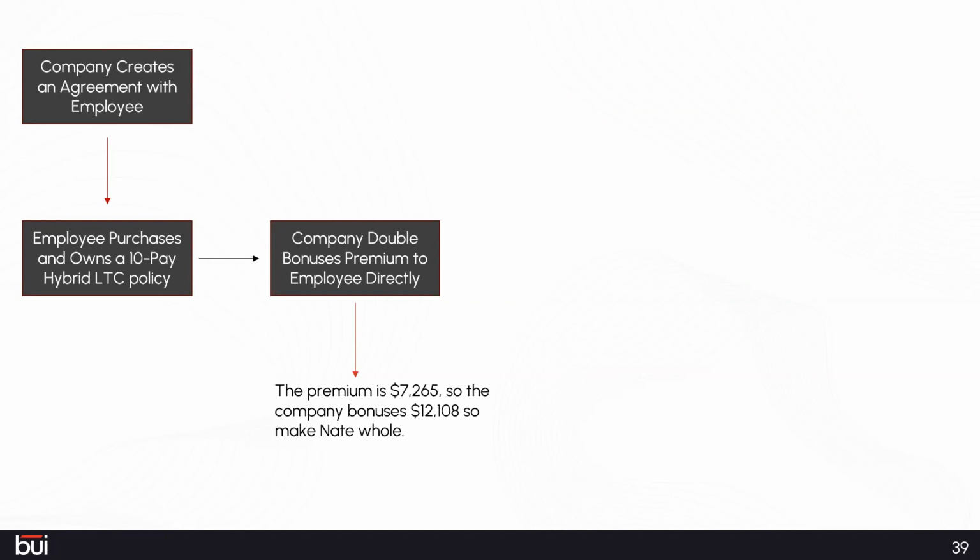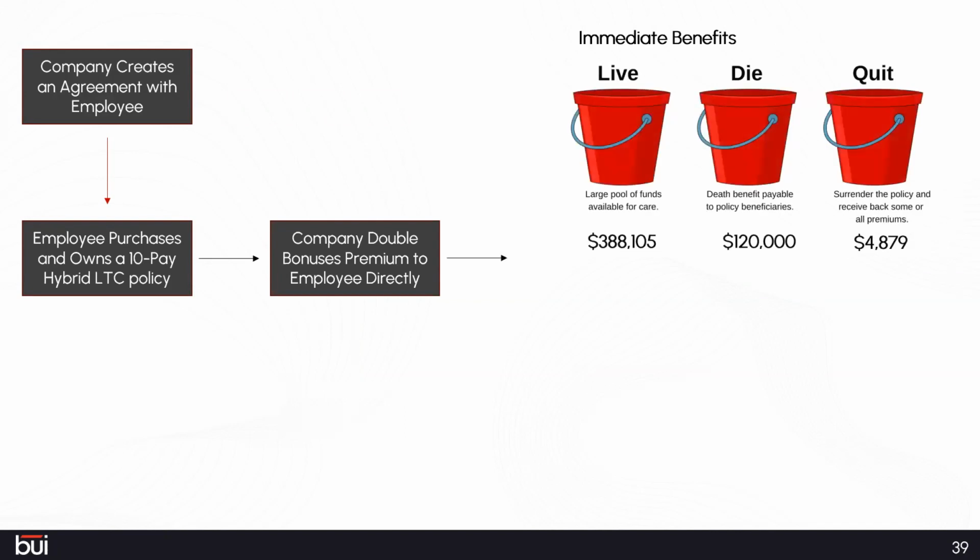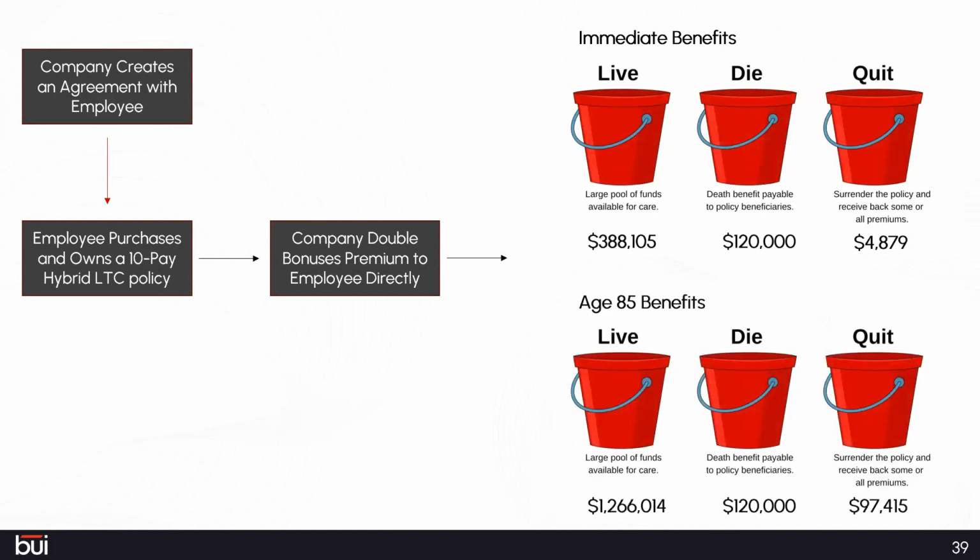So they bonus him $12,108 so that after tax, he has the full amount to be able to pay the premium. So immediately there's long-term care benefits, and at age 85, there is a very large pool of long-term care funds, 1.2 million for Nate.